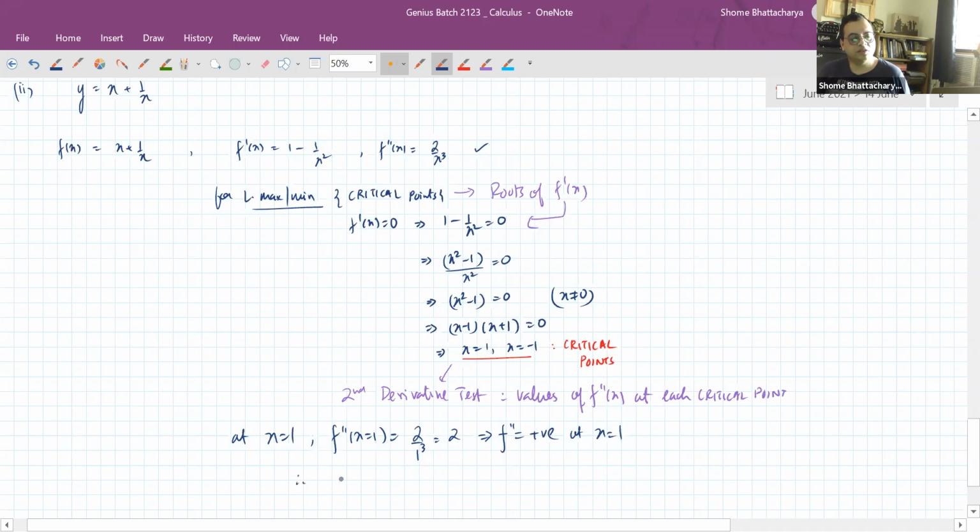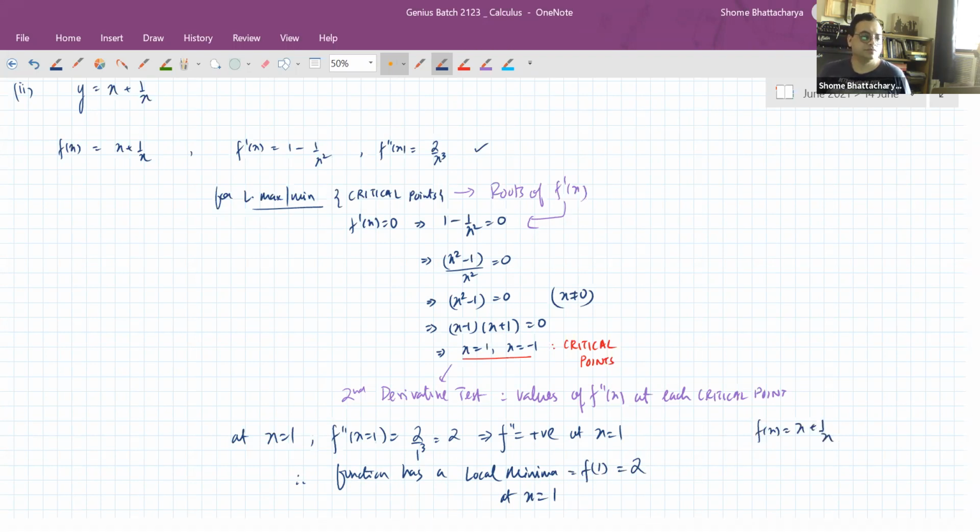So therefore the function has a local minima at x equal to 1, and the value of the local minima is f of 1, which is equal to 2, because remember the function is x plus 1 by x. So it has a local minima equal to 2 occurring at the point x equal to 1.